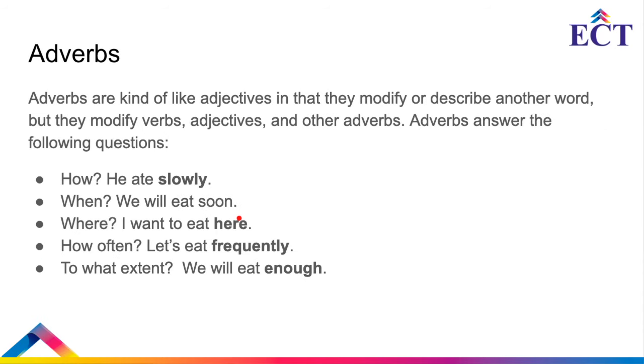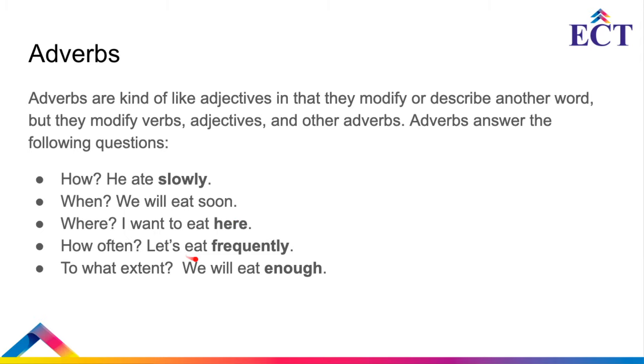The adverbs. So adverbs are kind of like adjectives, but the only difference is that adjectives modify nouns and pronouns, whereas adverbs modify verbs, adjectives, and other adverbs. Adverbs answer questions like how: slowly, for example. In this particular case, soon will be an adverb. Where: eat here.